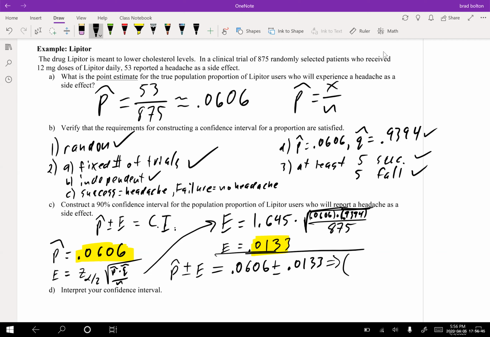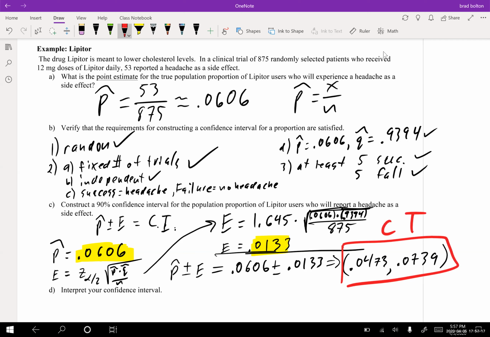Using my calculator, 0.0606 minus 0.0133, and I get 0.0473, comma, and now the other one, 0.0606 plus 0.0133, and I'm going to get 0.0739.